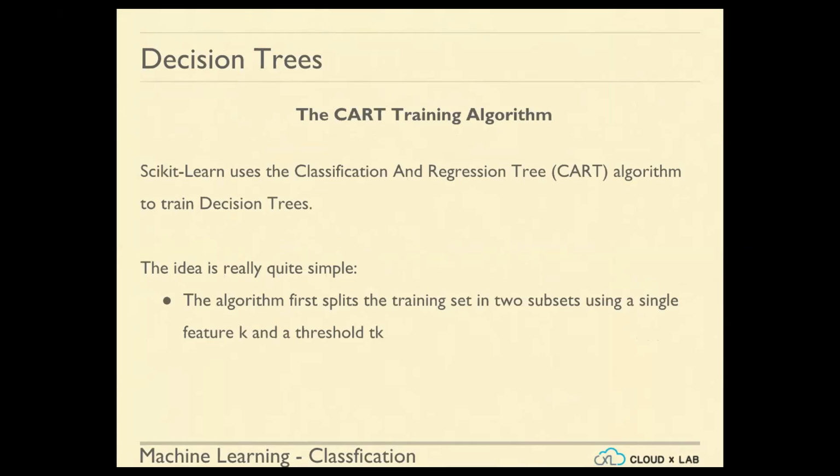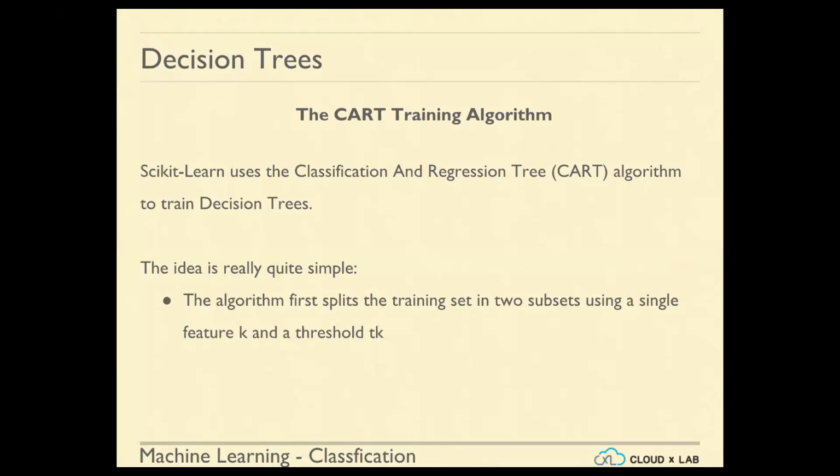Under the hood, scikit-learn uses an algorithm to generate this model. This tree is basically a model because it's able to classify an input correctly. Scikit-learn uses the CART algorithm to train decision trees.